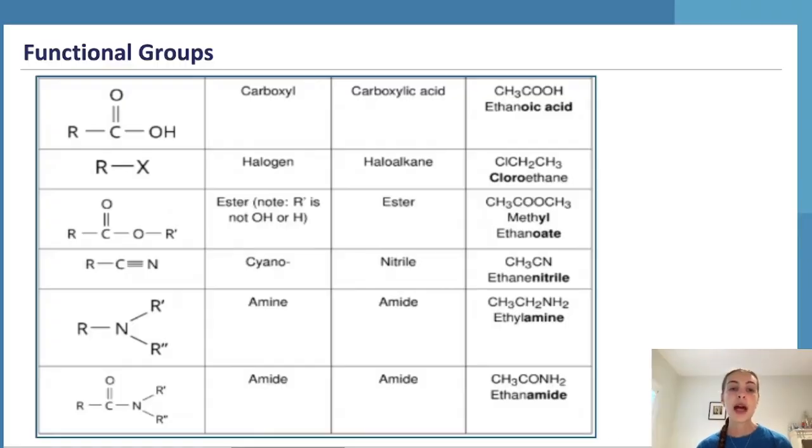The next one we can look at is esters. And so what esters are is that they are basically a combination between a carboxylic acid and another added on alkane chain. So what happens with these is they have part of an alkane chain followed by part of a carboxyl group, so that being a carbon with a double bonded oxygen and then a single bonded oxygen.